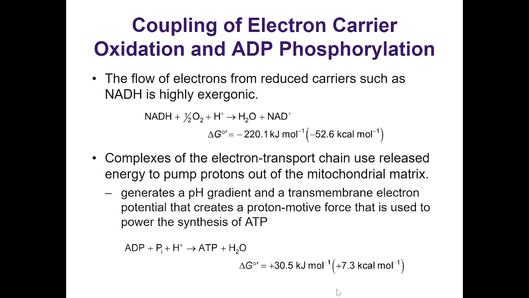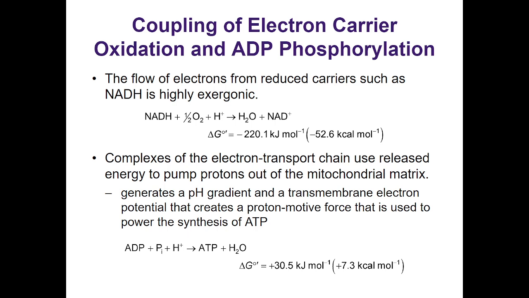Okay. Now, ADP plus orthophosphate plus H+ gives you ATP and water. This delta G naught prime is positive 30.5 kilojoules per mole. By the way, you'll notice that's just the reverse of the other way we did this. So if you go the opposite way, you just take the sign and flip it, right?